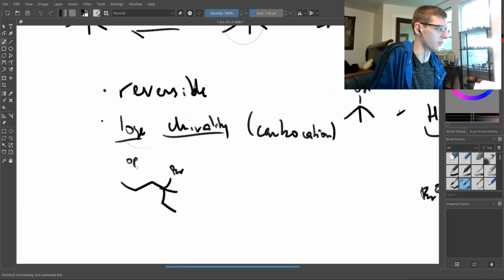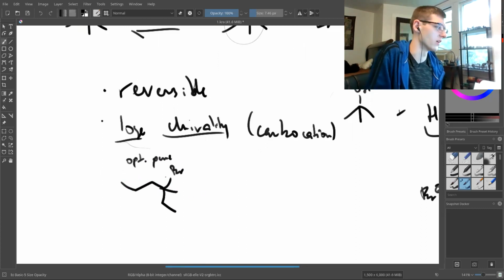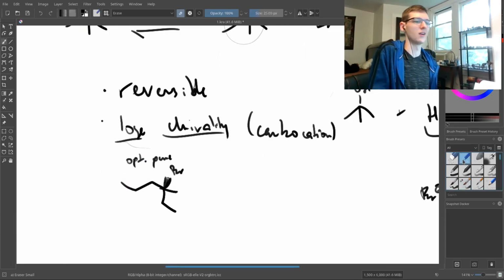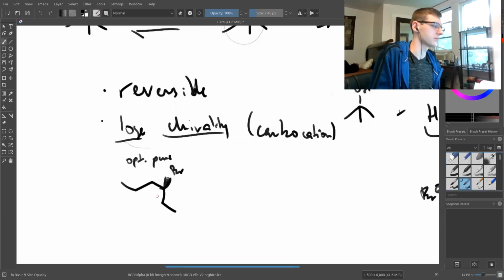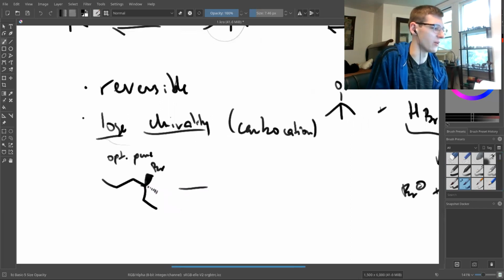Let's say this is optically pure, meaning that there's just one enantiomer, and let's say it looks like this. Okay, and we put it in water.